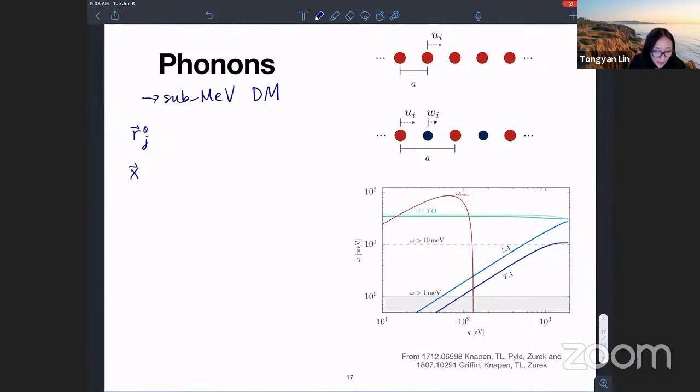So you can talk about the position of some atom in a lattice at a particular lattice site. There might be a crystal like this one where you have two different types of ions at a lattice site, and you would expand about those positions. So this is just a vector telling you which lattice site, the equilibrium positions, plus U is the displacement.